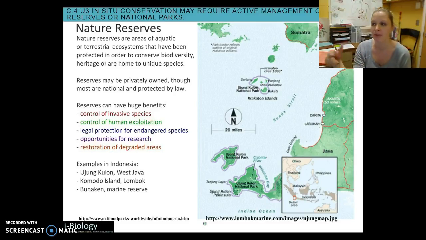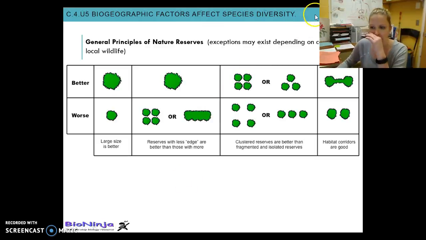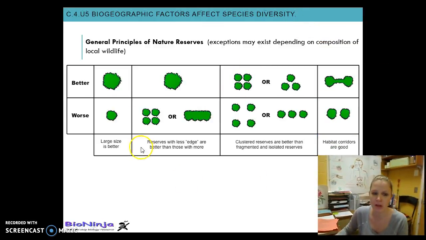And if they are privately owned, they're still protected by national law, which is kind of cool. There's a whole bunch of examples of nature reserves throughout the area. A lot of people think just terrestrial, so just land, but you can also have aquatic reserves as well, just an FYI.